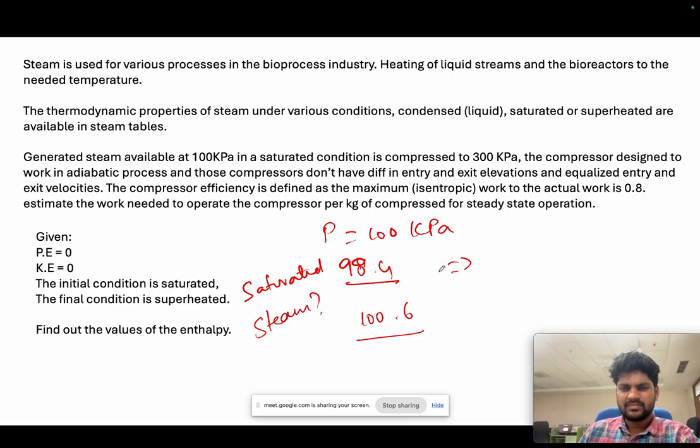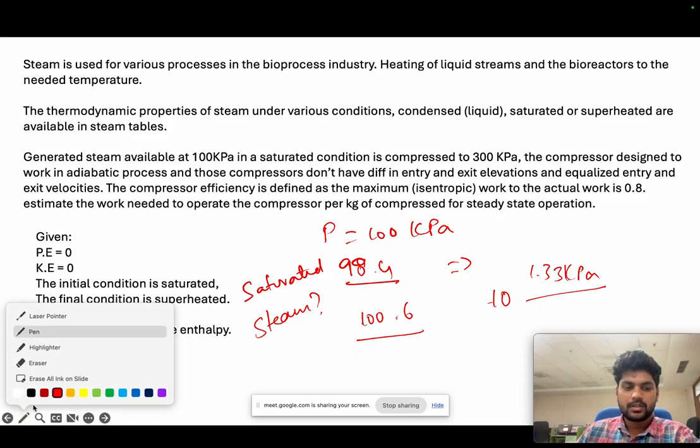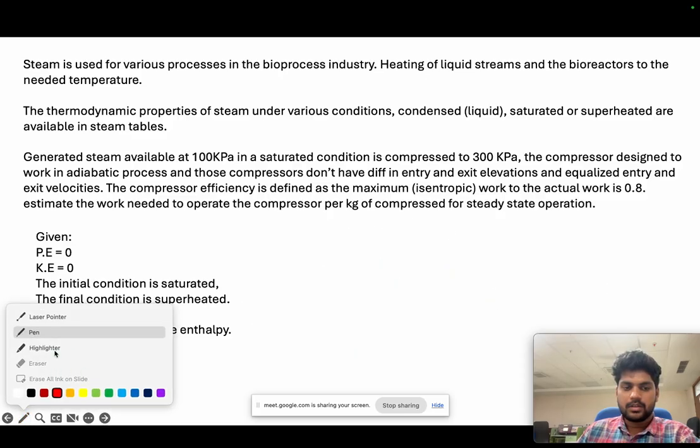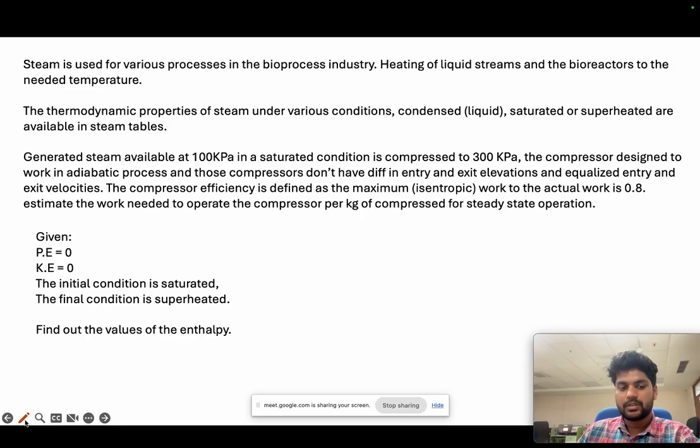There is 101.33 kilopascals. If you go down, you will get the values. There is a big table with the T and P. Check the P values. There is some value where you will get around 100, or 98, 120, 110.